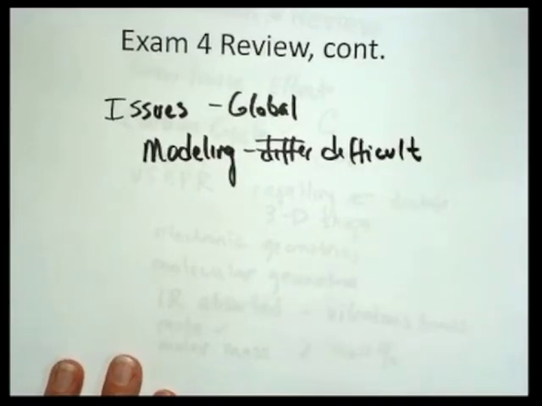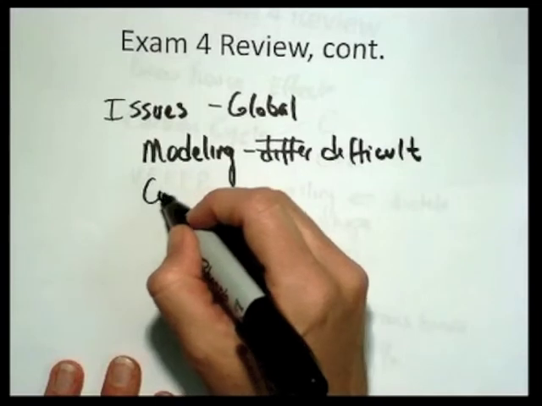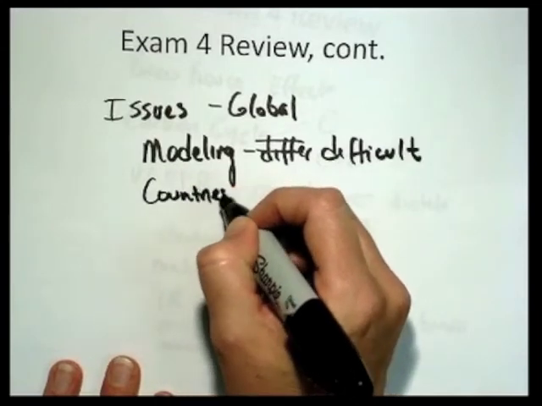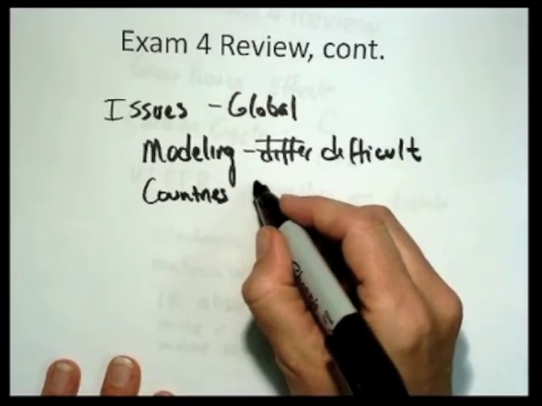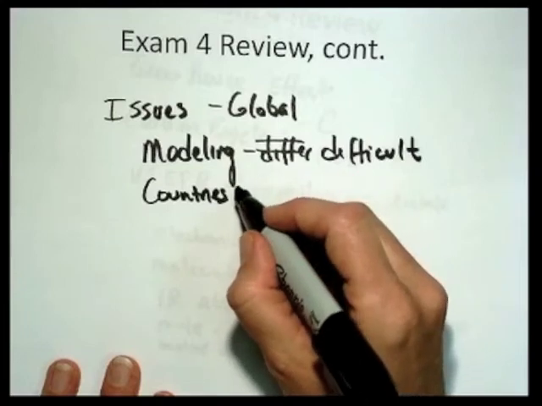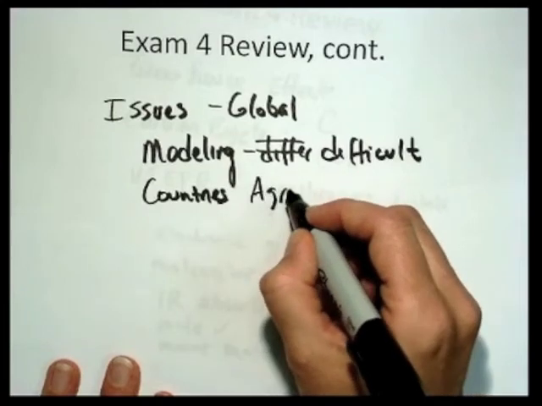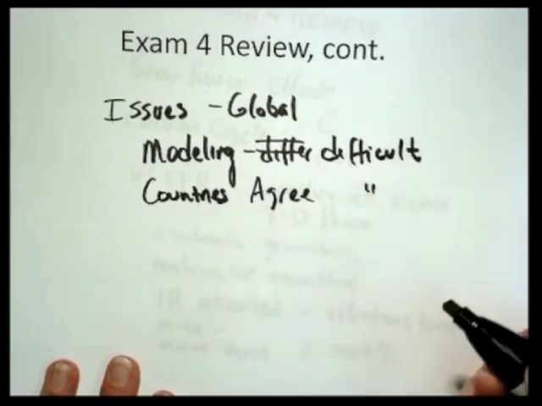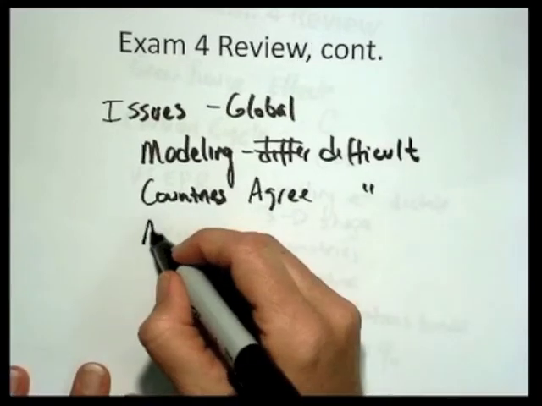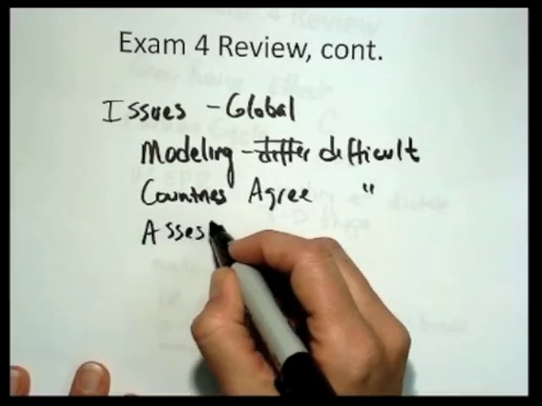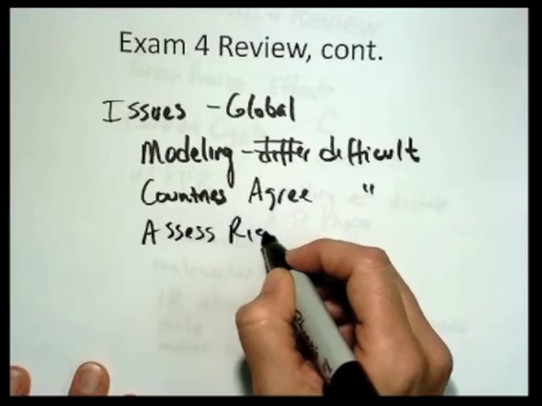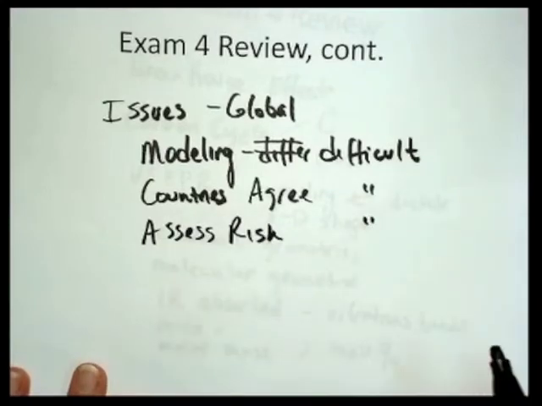And also, you need to understand why it's hard for countries to agree on anything when it comes down to affecting economies and whatnot. Assessing the risk is also difficult because the models are so difficult.